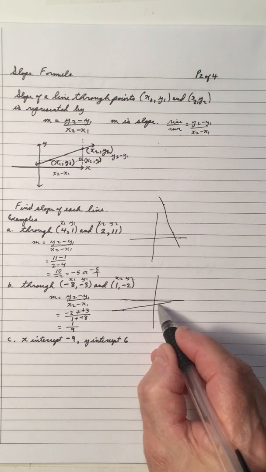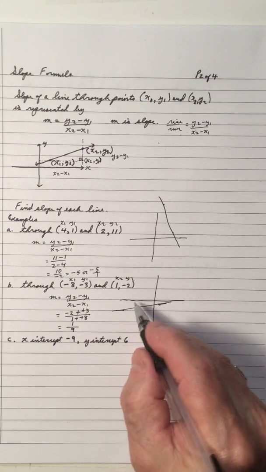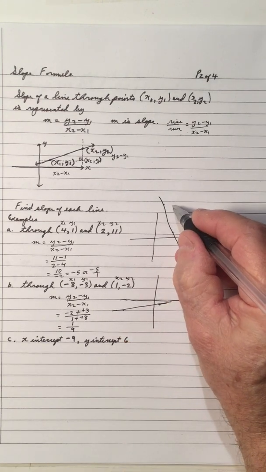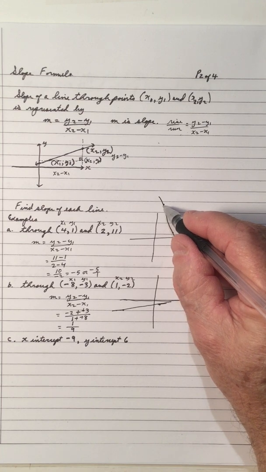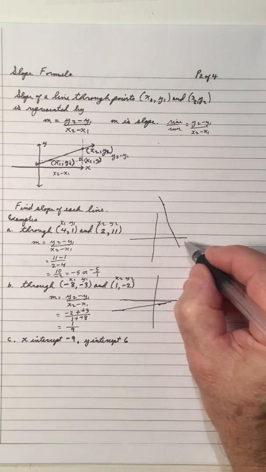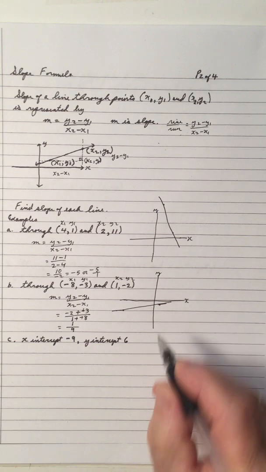Notice the line is sloping up to the right. Positive slope is going up to the right. A negative slope goes up to the left, or a negative slope would go down. Down is negative to the right. So again, this is the x-axis, this is the y-axis, just to make sure.